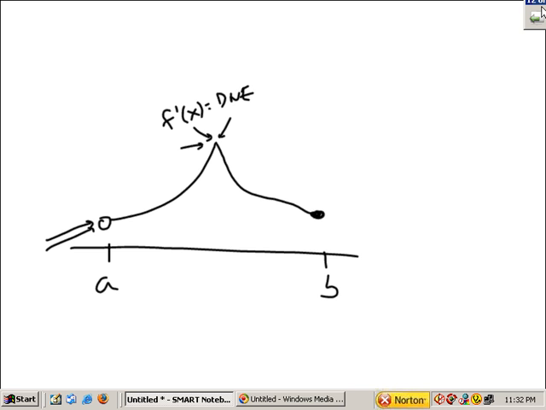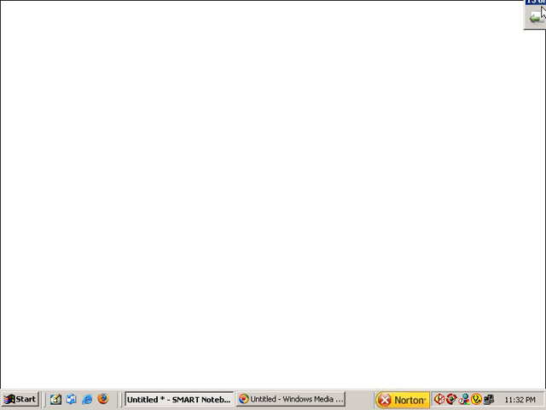Okay, so how do you find the max and min, the extremes, on an interval? You have to find where the first derivative is 0. You have to find where the first derivative does not exist.